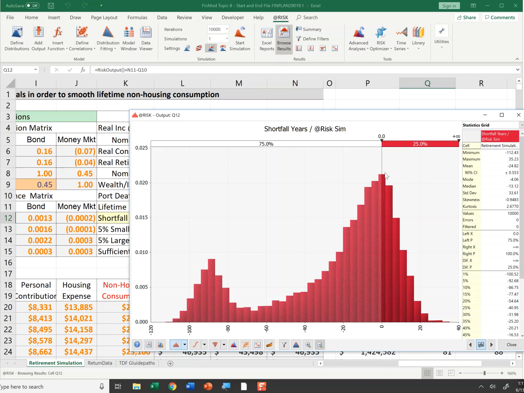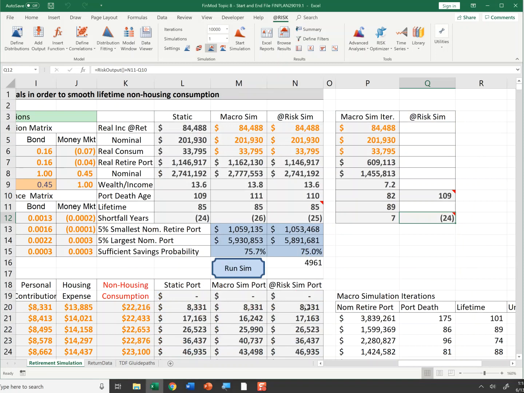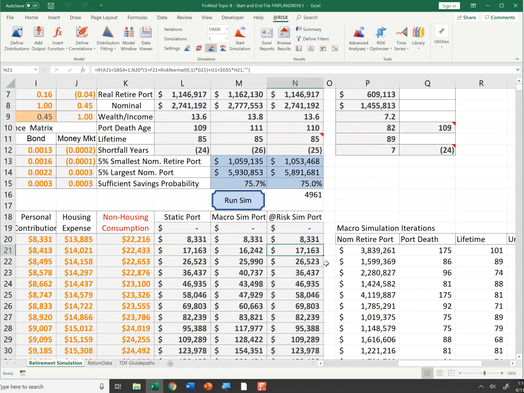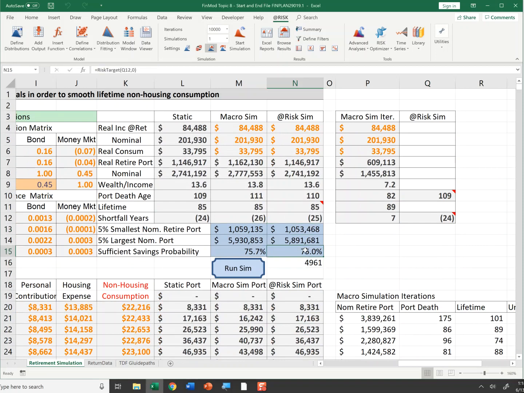And I could play with this distribution and put a 90% confidence interval in here, and see I'm 90% confident I'll have between 12 years and negative 92 years of shortfalls. So that's the advantage of @Risk. Besides just the easiness of typing in that RiskNormal(0,1) and looking at the outputs, it also lets me explore the distribution.